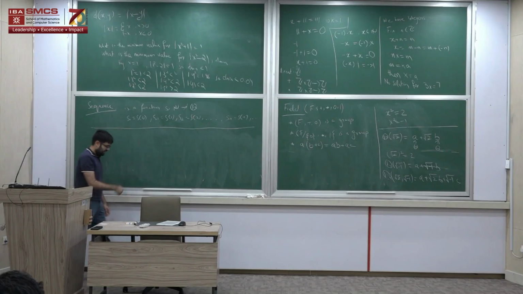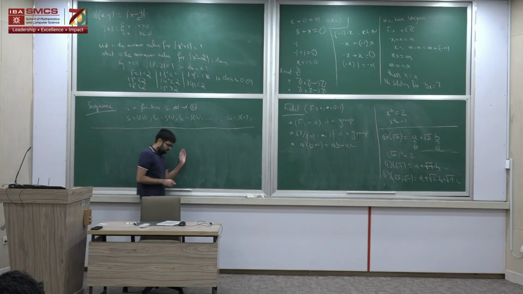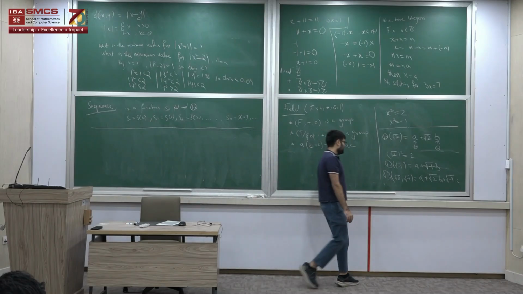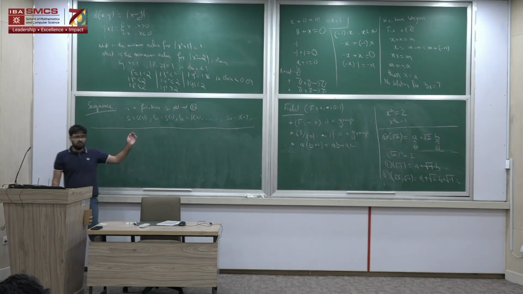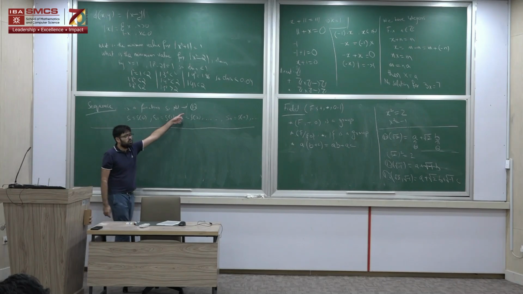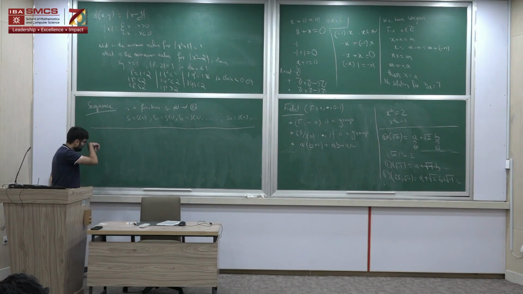But before coming to Cauchy sequences, there is some structure there, and because these are functions and I know how to add elements of the codomain, what I can do is define addition and multiplication on the sequences.